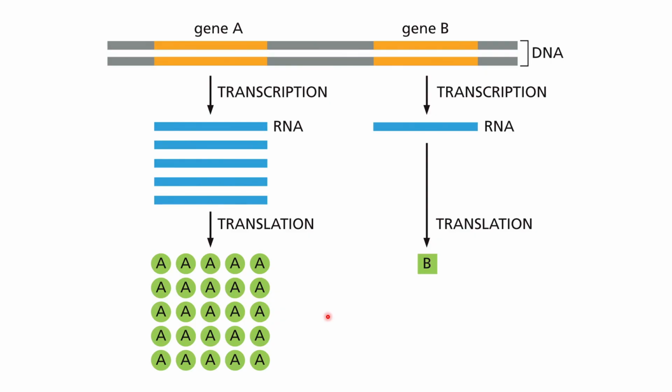If that's the case, then that's the path of gene B. So we can say that gene A is a lot more efficient because we're able to create more of gene A protein in the same time frame that gene B is made. So anyways, let's keep going.